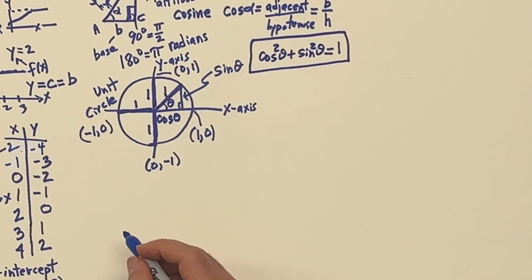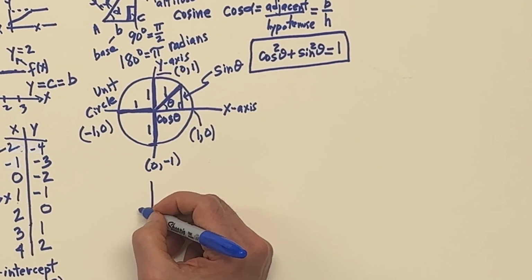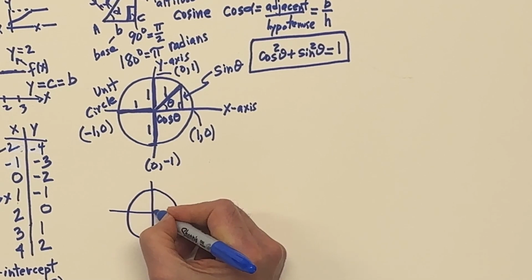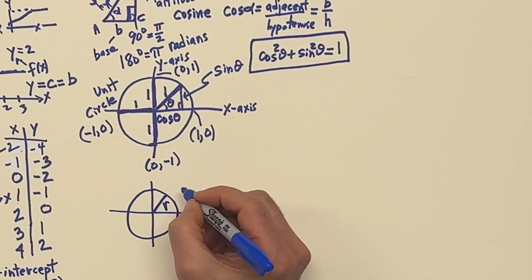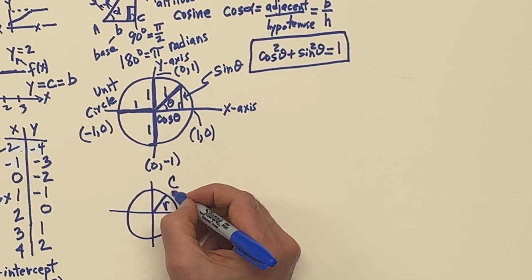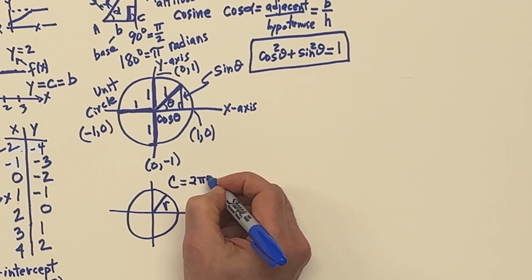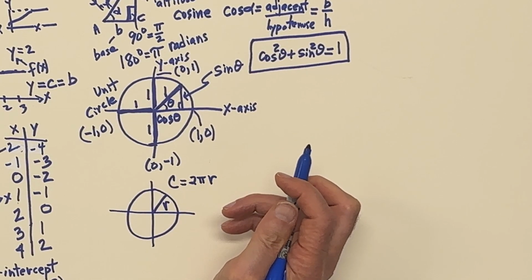So let's look at this idea of radians. If you have a circle like this, and say that the circle has a radius of r, then the circumference to go all the way around is 2 pi r. In fact, you can think of that as a definition of pi.